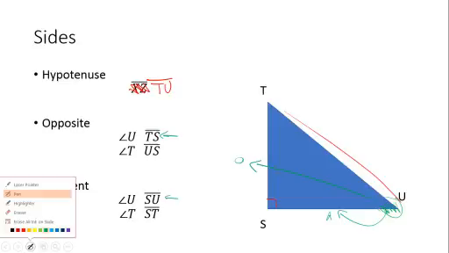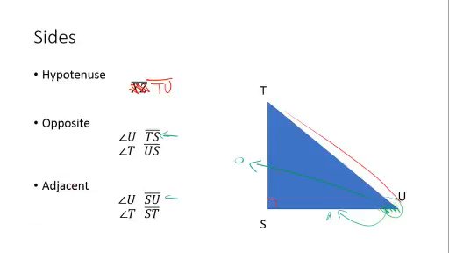But if we go, what about related to T? Related to this angle right here, now it's changed. The opposite side is now SU, and the adjacent side is now TS, or ST. It all depends on which angle you're referencing when you're talking about your opposite and adjacent sides.